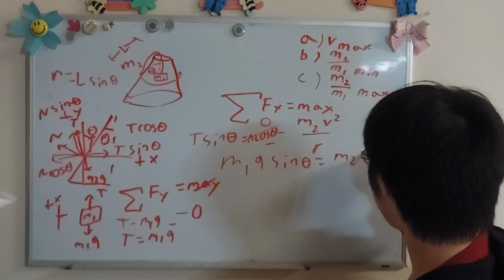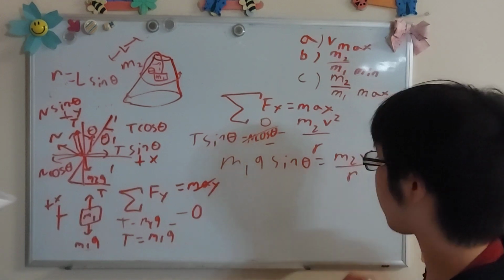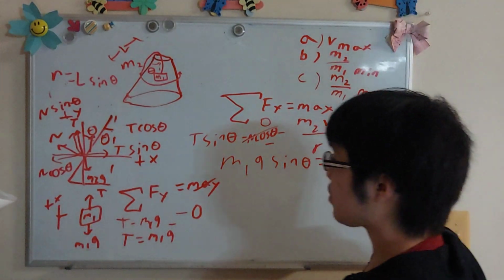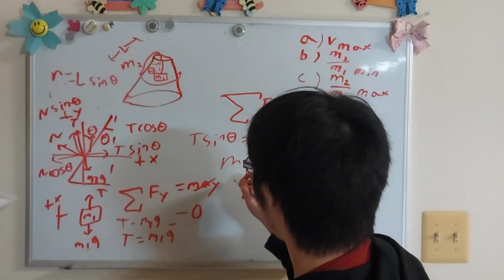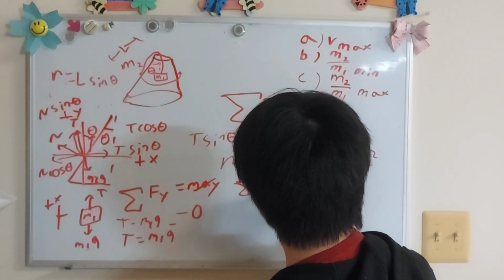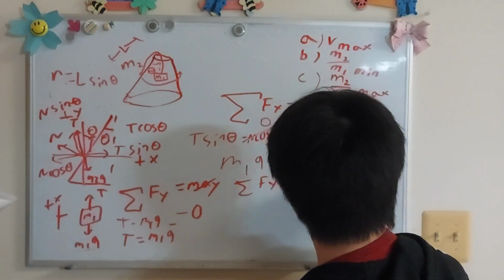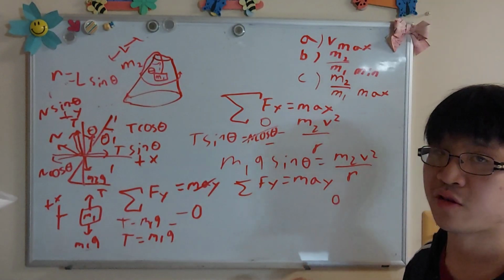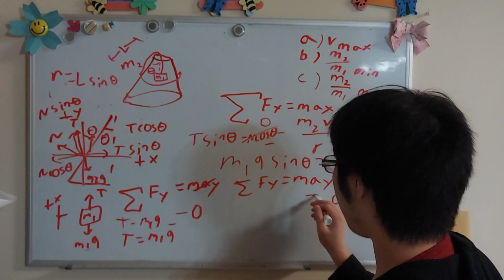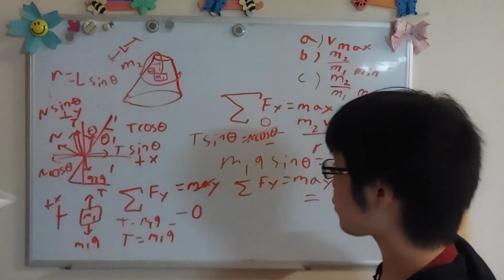We're left with both of the masses, and we can't have either of those masses in our final answer. Fortunately, we have the y direction to work with. In the y direction, the sum of the forces is 0 because, remember, the circular motion that the particle travels in is horizontal.